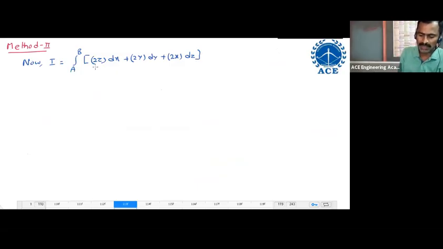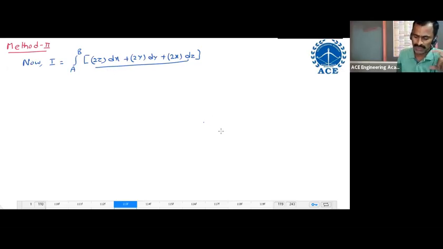Here it is a sum of 3 terms. If you are able to write the sum of the 3 terms as a single term, we can go for direct integration. Instead of doing the problem by the previous method, we can do direct integration also. The only problem is with the first and last terms. The second term is integrable, but the first and last are not integrable as they are.